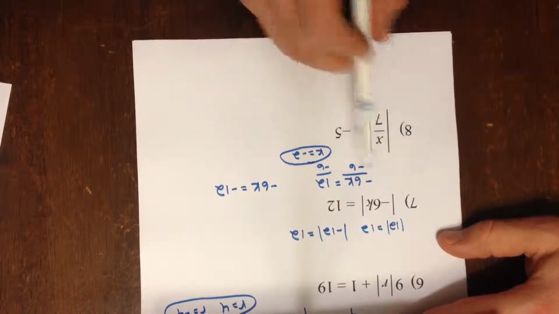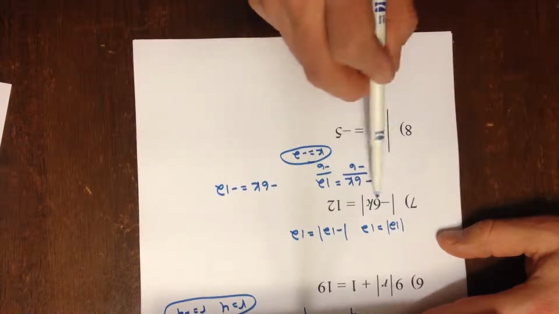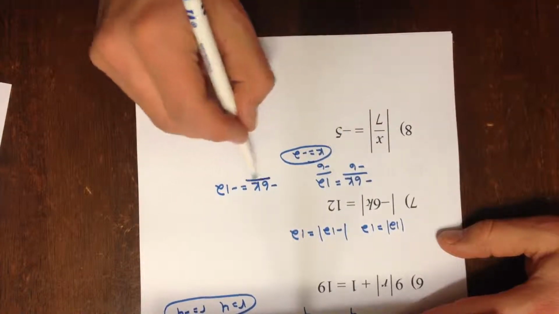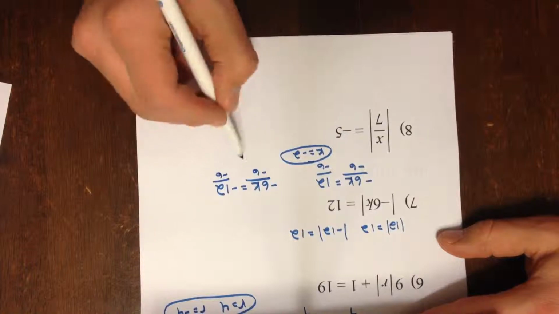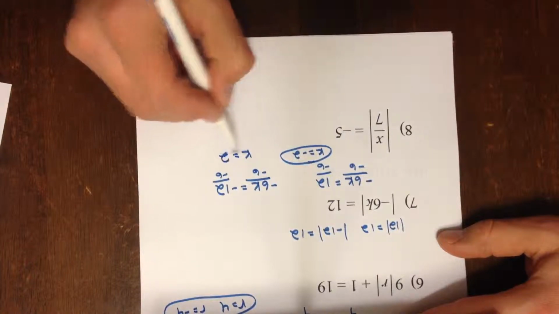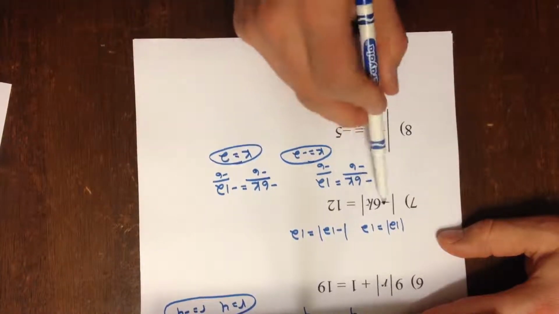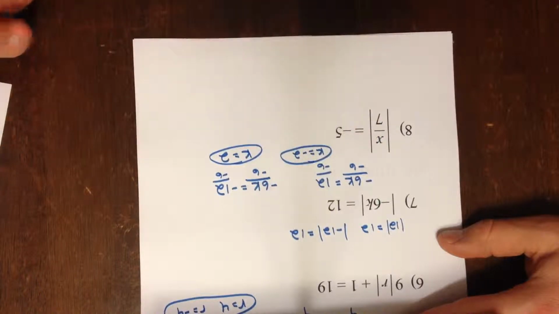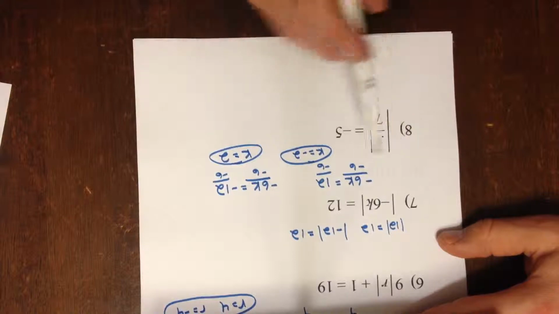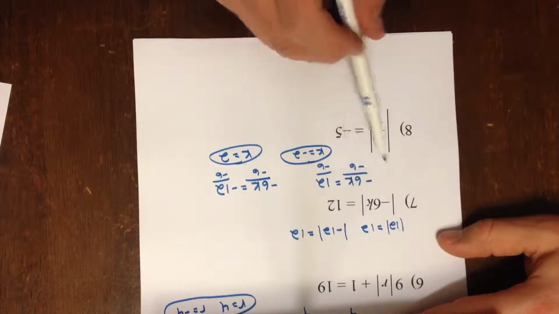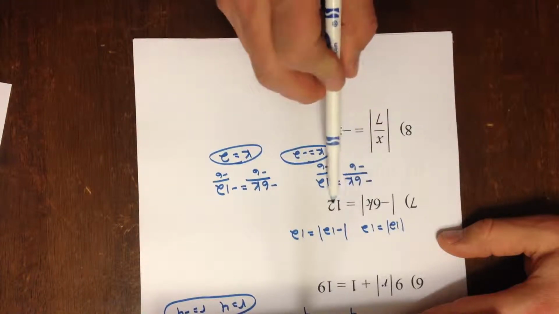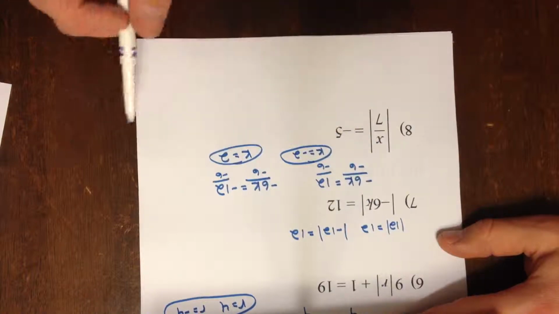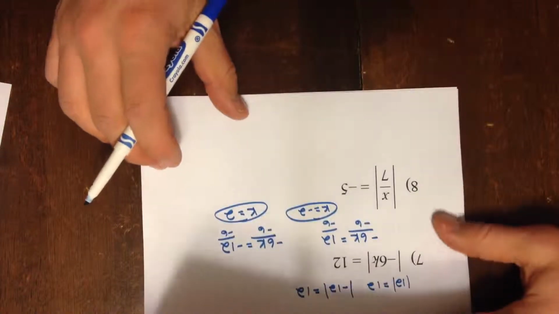So when you plug that in, that would make it 12. The absolute value of 12 is 12. You could also divide by -6 and get 2. 2 would make -12, and the absolute value of -12 is 12. So you notice what I did is I took the expression and set it equal to 12, and I also set it to -12.